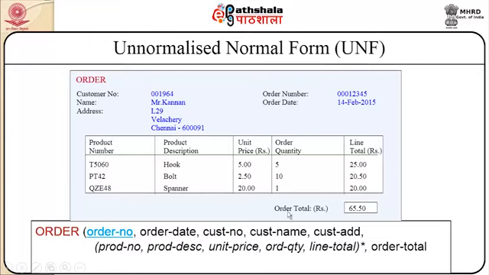Whatever is available in this particular order invoice, each and every value of this invoice is considered as an attribute for the relation that we are about to construct, and this relation is given the name order.